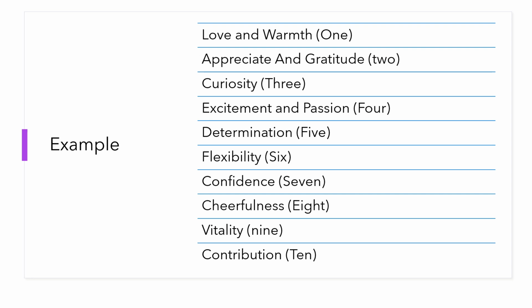So let's see how the rhyming peg method works with an example. Now, this example is right from the book. The author talks about Tony Robbins' life-changing book, Awaken the Giant Within. He has a list of 10 emotions of power. Now, the 10 emotions are love and warmth, appreciation and gratitude, curiosity, excitement and passion, determination, and so on. After each emotion, I have assigned a number, like 1 for love and warmth, 2 for appreciation and gratitude.